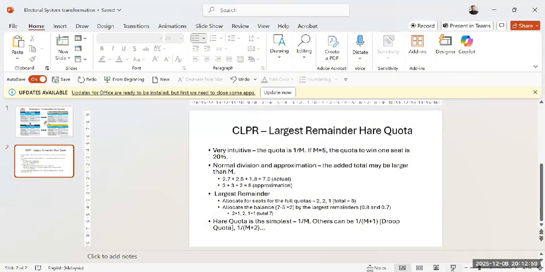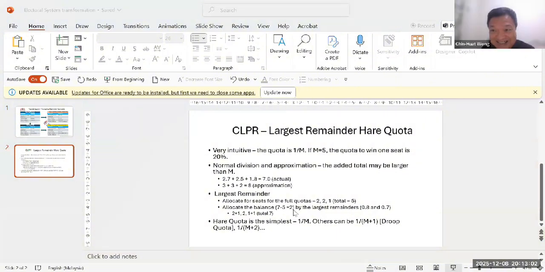Okay, I'll try again. Can you see it? We only see your Hare quota screen. CLPR, largest remainder. Are you seeing this one? Yes, we are seeing this one. Okay, all right. Just now, did you see the earlier one with 4 boxes? Yeah, we did. Okay, thank you very much.